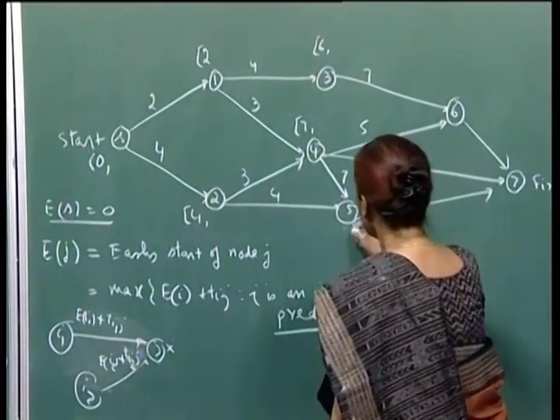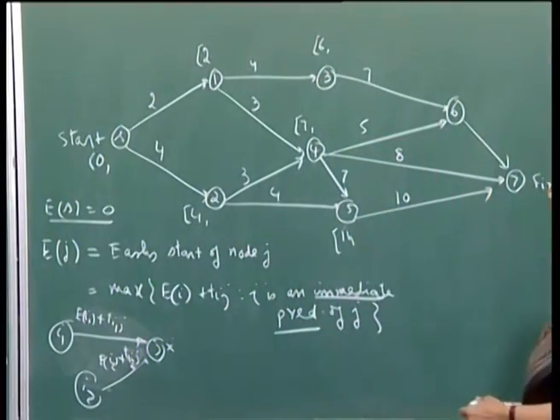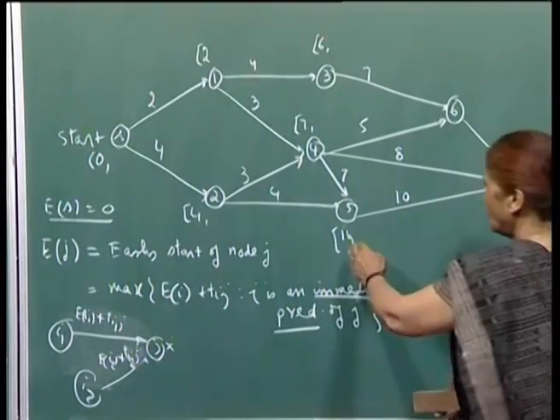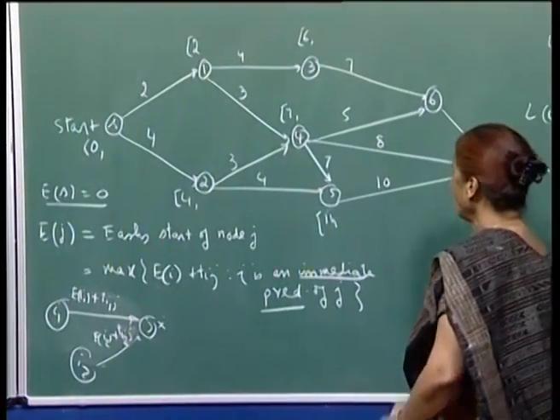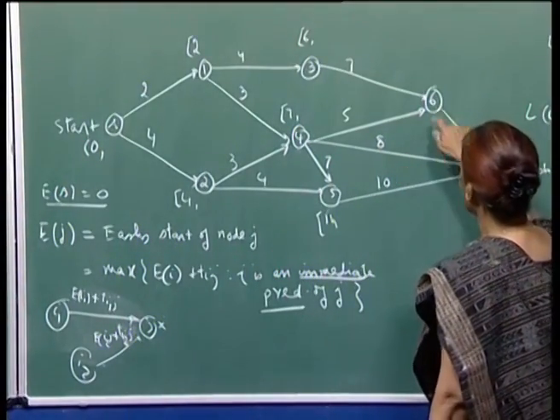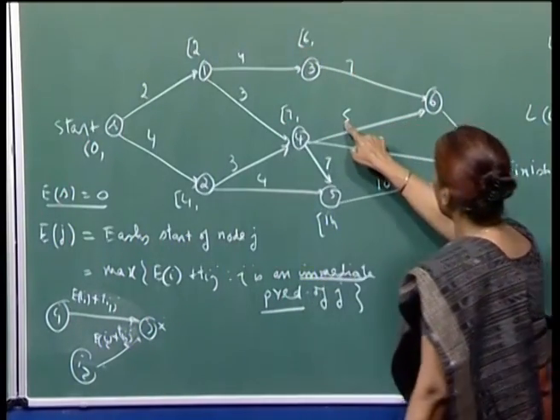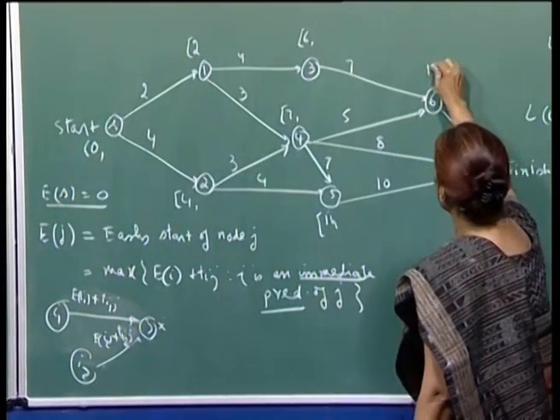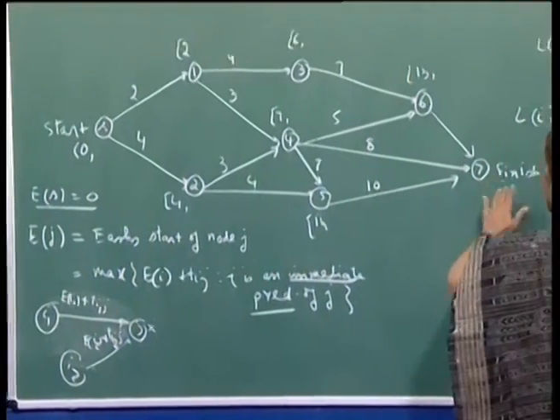So this node cannot begin before, if you are talking in terms of days, the 14th day, because after 14 this early start holds. Then if you come to node 6, this is 7 plus 6, 13, and 7 plus 5 is 12. So 13 is the larger number, therefore this is 13.